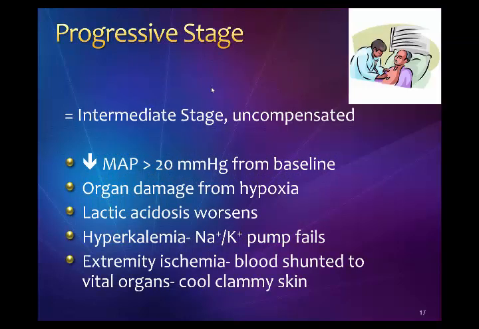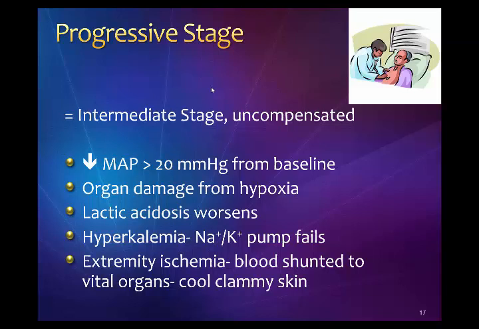Progressive. Unfortunately, just like we said just a minute ago, our compensatory mechanisms do not last for long. So when they start to fail, then we're going to see a scenario where our patient goes into an uncompensated state. We're going to see a more significant drop in their mean arterial pressure by 20 millimeters.